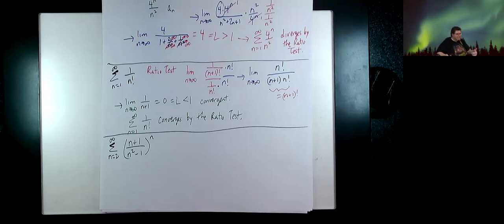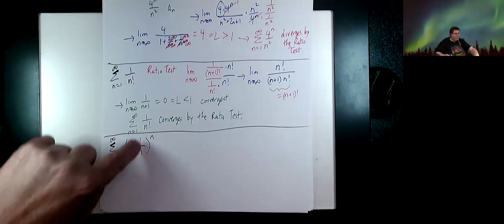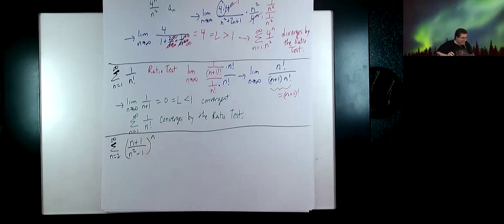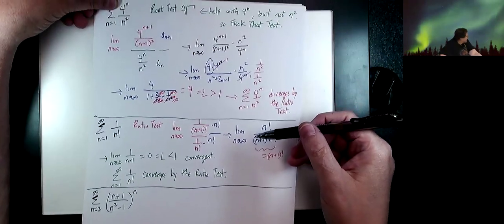So if we tried the ratio test here, we've got to put n plus 1 there, n plus 1 there, and n plus 1 there. You don't want that. We had it help us with 4 to the n up here.